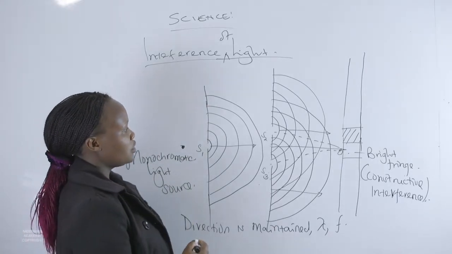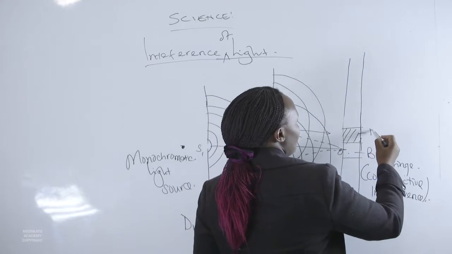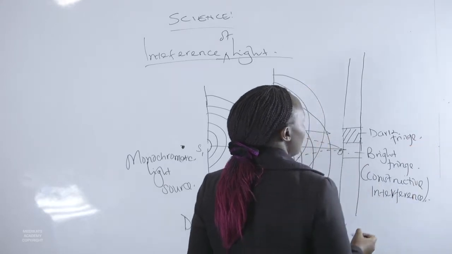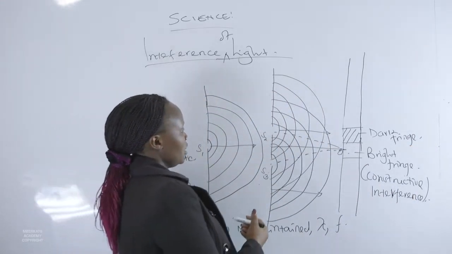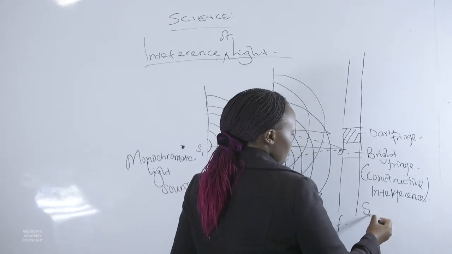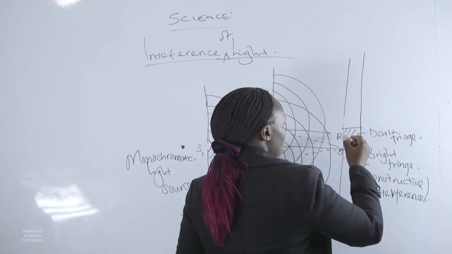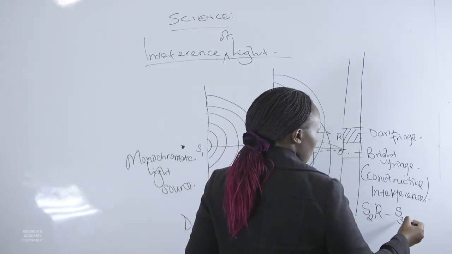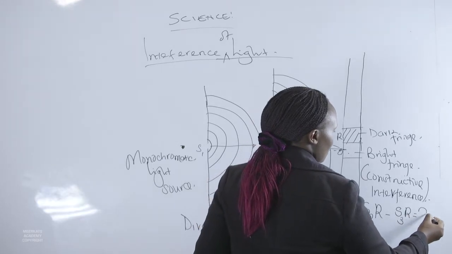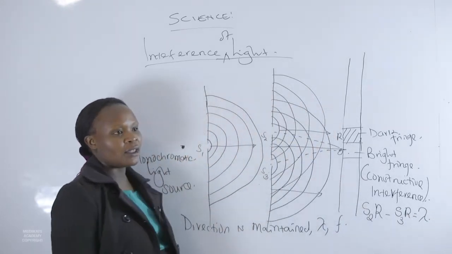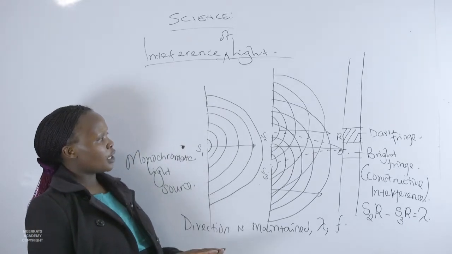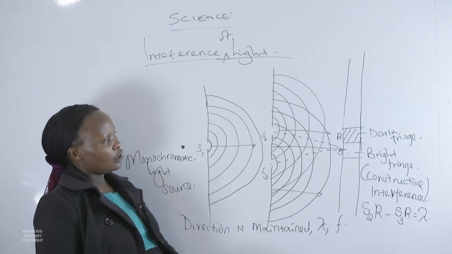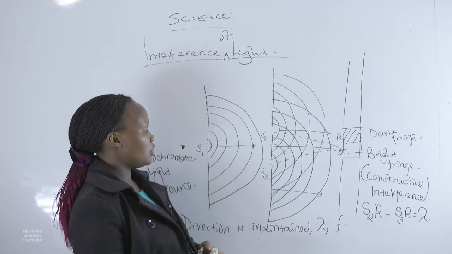Now, that bright fringe is going to be followed by a dark fringe, and this one occurs where S2, let us call this point R, minus S3R gives us one wavelength. Therefore, these two sources are actually coherent sources. We have made them close to each other.